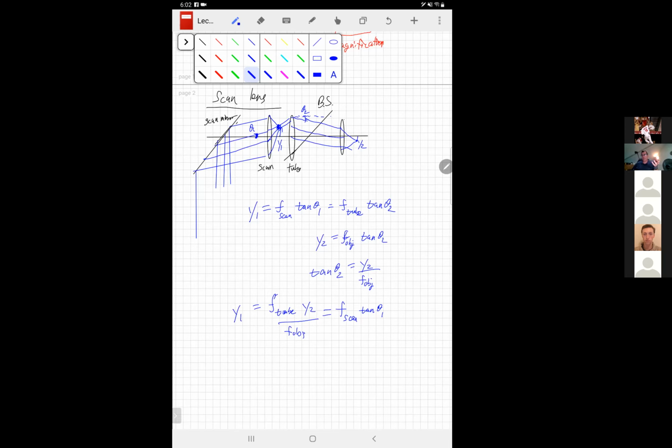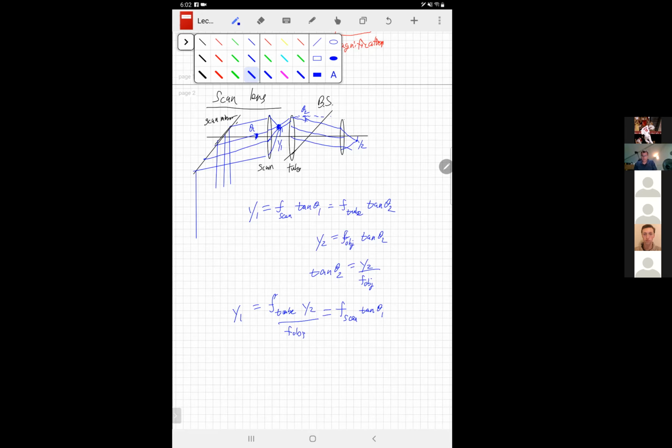Electronics are fast. Mechanics is slow. So you apply a voltage to these materials and they will rapidly expand or contract. And their expansion or contraction will push or pull on a mirror. So you tilt a mirror. That sets theta 1. As soon as you set theta 1, the scan lens will give you a Y1.